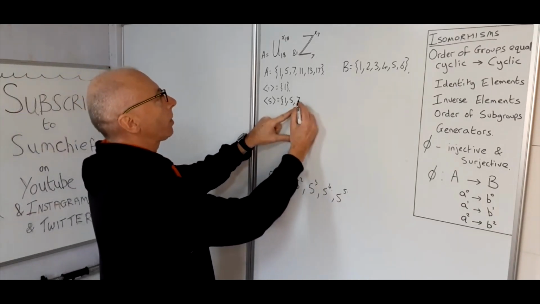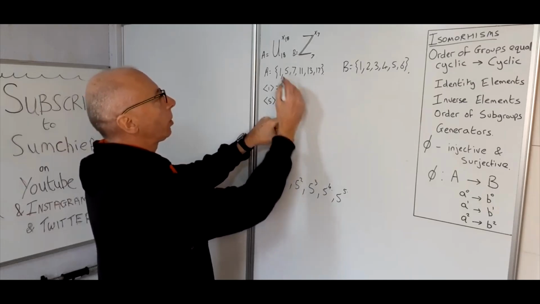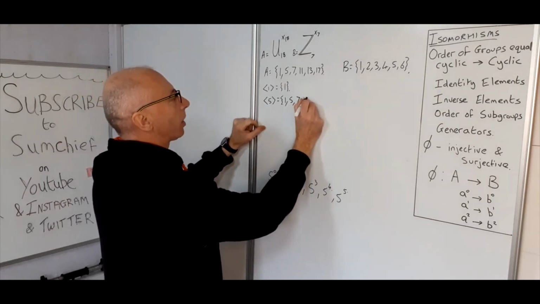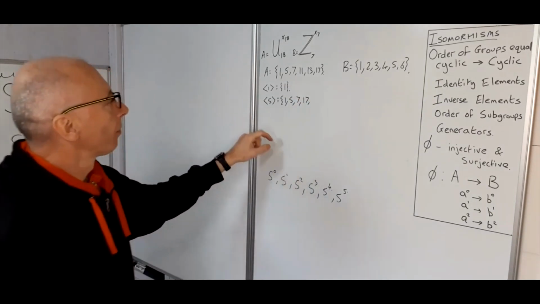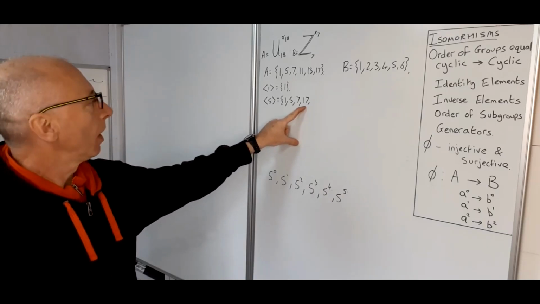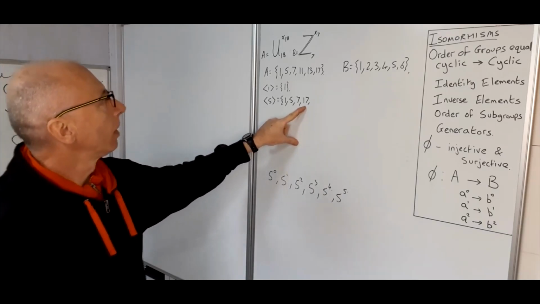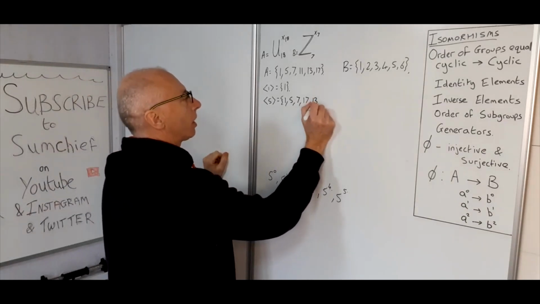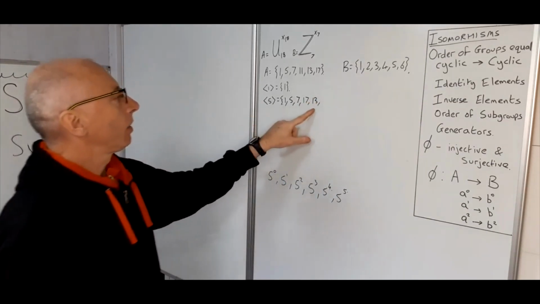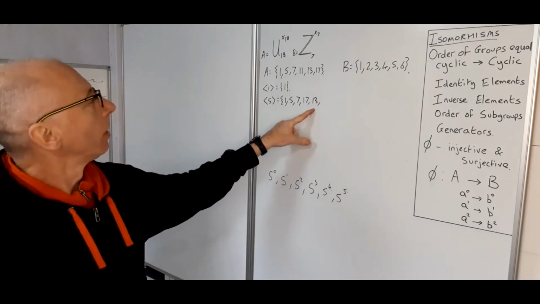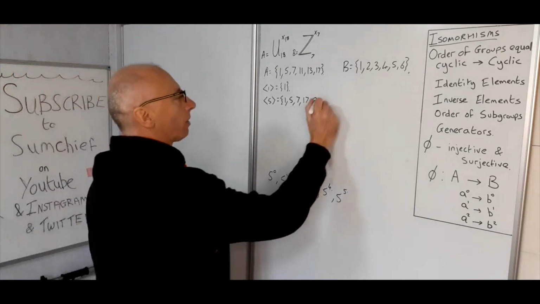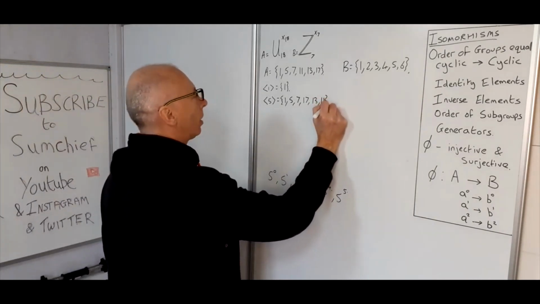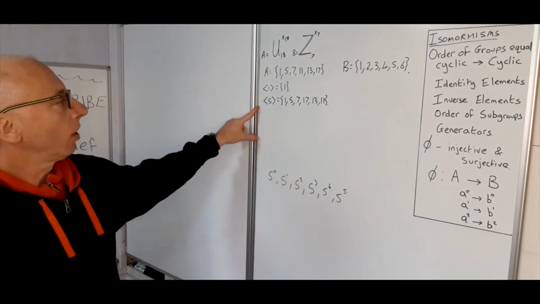So 7 5s are 35. Modulus 18, that will give us 17. Multiply this by 5, we get 85. And then modulus 18, that will give us 13. And then 13 5s are 65. Modulus 18, that gives us 11. So 5 is a generator of that whole group.